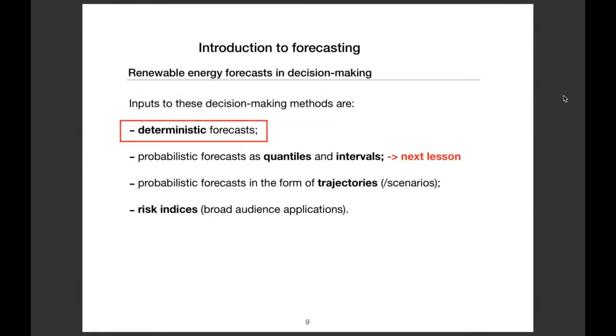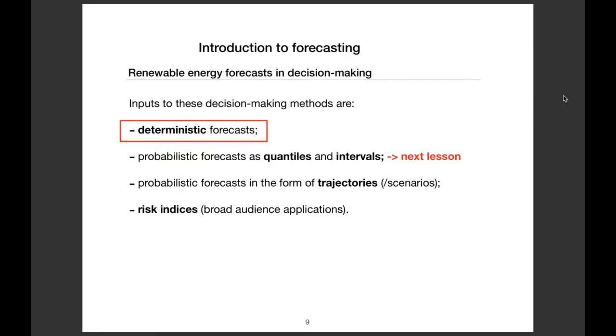So the forecasts are input to this decision making, and there are several methods to produce this forecast. You have the deterministic forecast. You have also probabilistic forecast as quantiles and intervals. That will be the next lesson. But you have also probabilistic forecast in the form of trajectories, sometimes also named scenarios or risk indices.